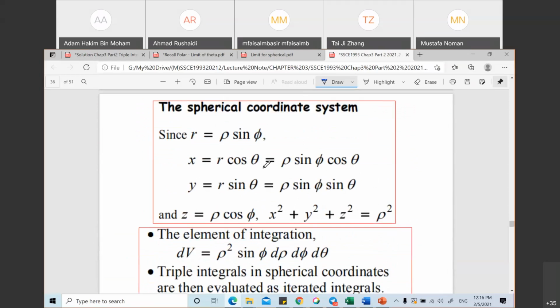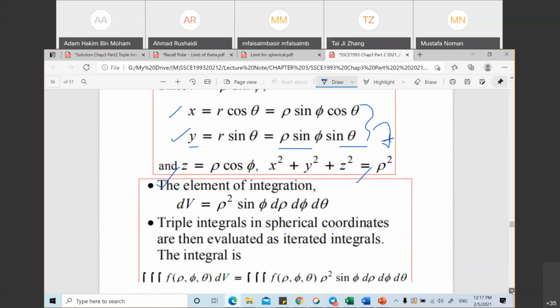So your x is rho sine phi cos theta. Your y is rho sine phi sin theta. So don't make a mistake. Your r is rho sine phi. Your z is rho cos phi. And then x squared plus y squared plus z squared will be rho squared. If you substitute this too, you will get this. You don't need to know the derivation. You just have to know the substitution part, the x, y, z, and this.